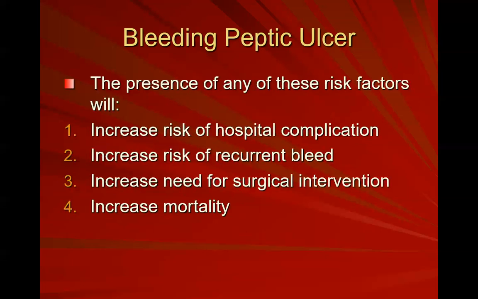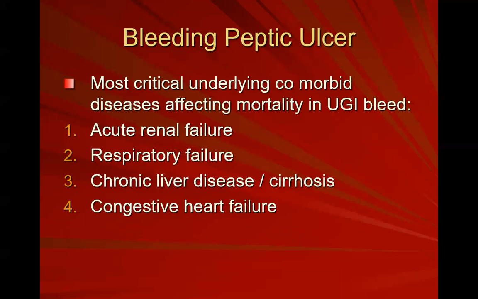So based on the risk factors, there would be also increased risk of hospitalization, increased risk of recurrent bleeding, and if there is a massive bleed, then we have to consider surgical intervention. And of course, there would be an increase in mortality.